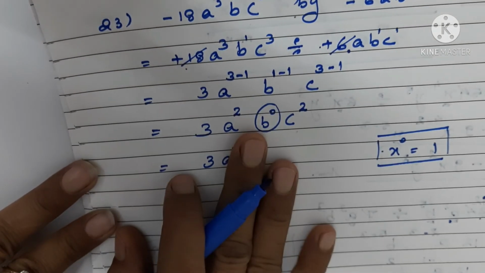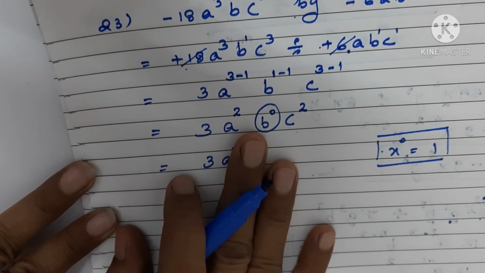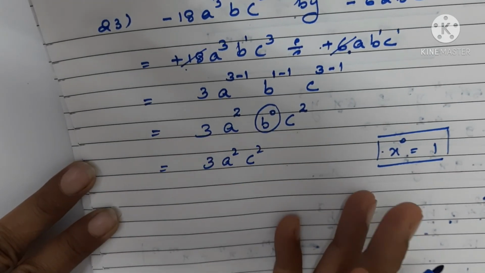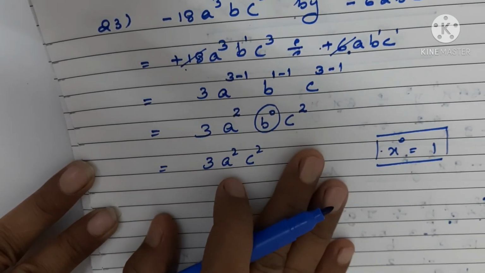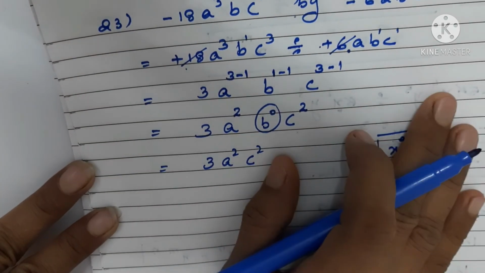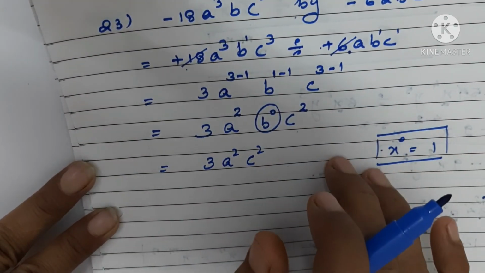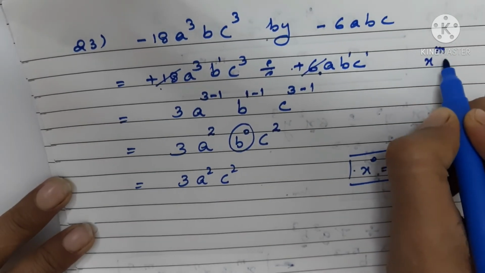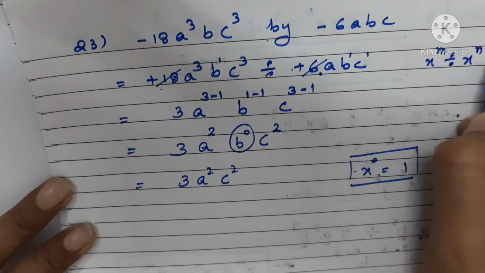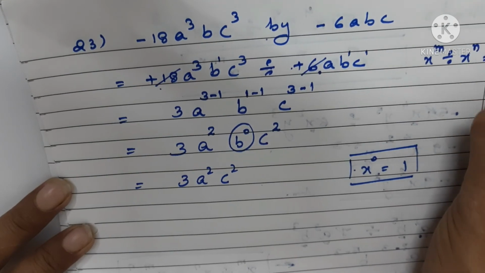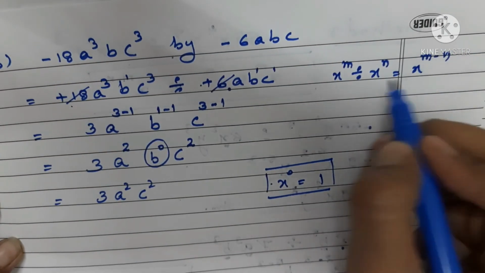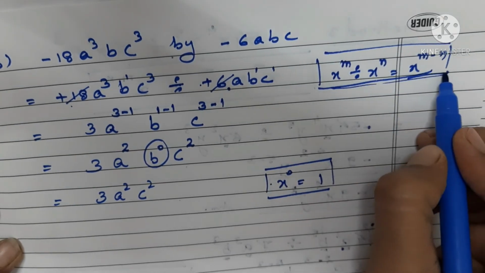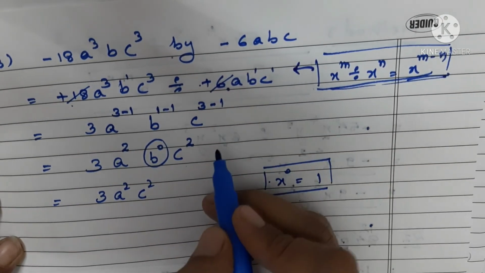So this is how we are going to solve such types of division of monomial by monomial, and it will be very easy if you use the law of exponents. It is very easy to use. Here it is x to the power m divided by x to the power n is equal to x to the power m minus n. So you have to keep this in your mind, you have to remember this, and this only you have applied here.